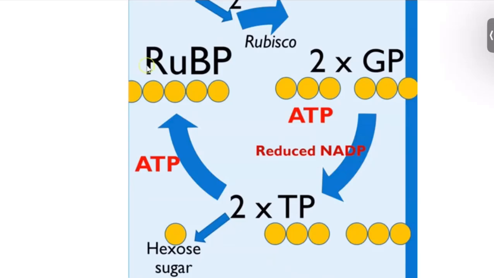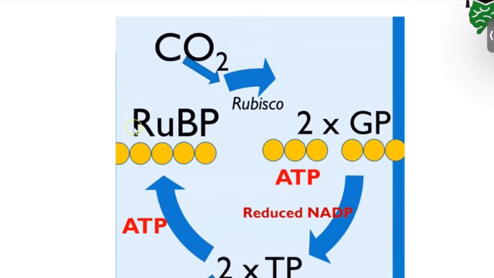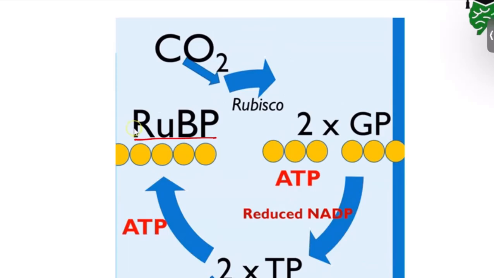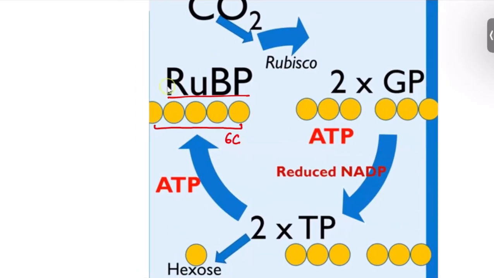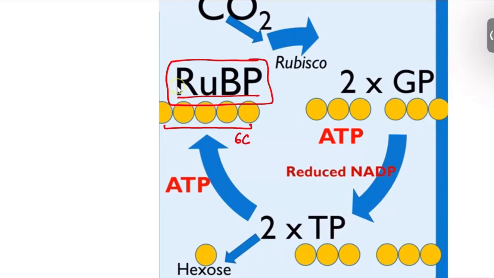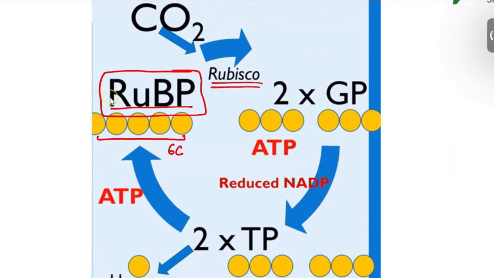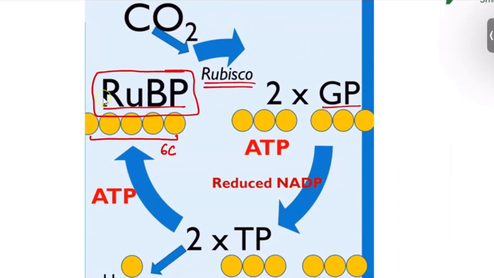As we can see over here, we have RuBP, and RuBP is a 6-carbon molecule. It contains 6 carbon atoms. What's going to happen is that CO2 is going to enter the stroma and react with this RuBP, catalyzed by the enzyme rubisco, and it's going to form two molecules of GP.